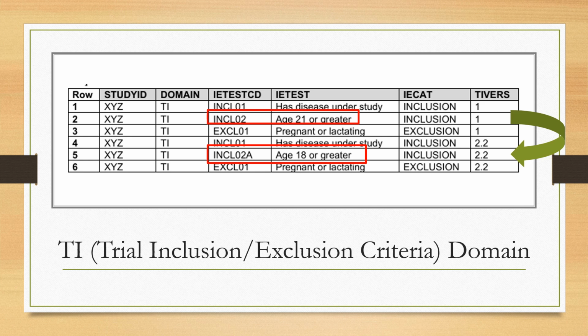We do not have any set of IE criteria defined in the trial inclusion exclusion domain for protocol version 2 or 2.1. Only the initial one and the one where the criteria were modified are mentioned here. For a more detailed explanation of this example and other possible SDTM interview questions on it, you can watch my earlier video, where I have covered in further detail how these questions can be asked and what the answers should be.